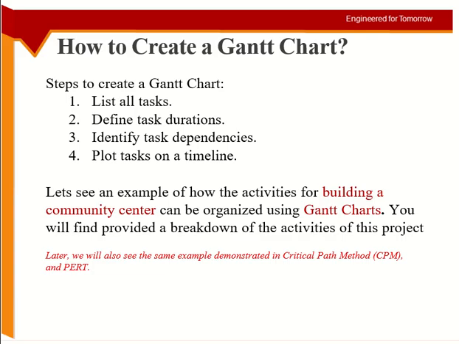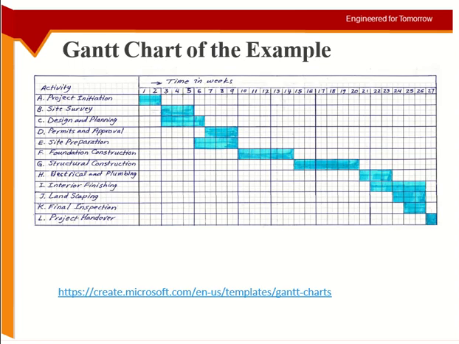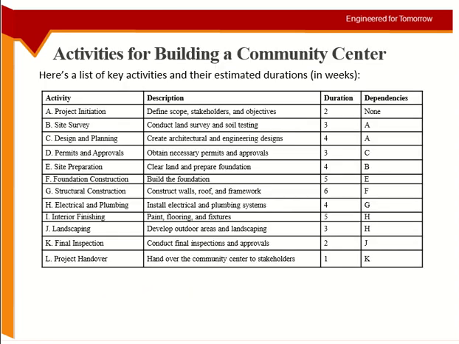So let's say we have this project, which is the construction of a community center. The timeline is given on the next slide, but I would like to develop this with you so you have an idea about the process. So I have the list of activities.